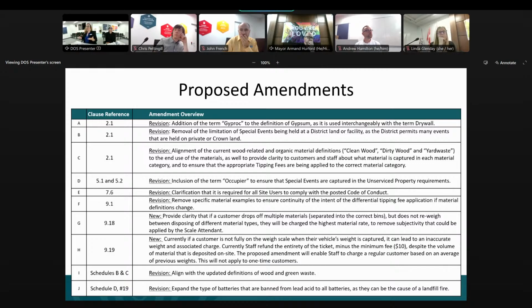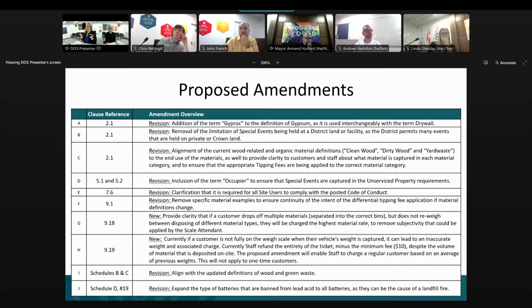And so what happens is when the truck drops off the material and they come back on site, the weight is off and they are charged basically the amount of their truck weight or half of their truck weight. And so what we have done to ensure we're in compliance with the financial aspects of the solid waste utility bylaw is we are refunding them the entire amount minus our minimum charge.